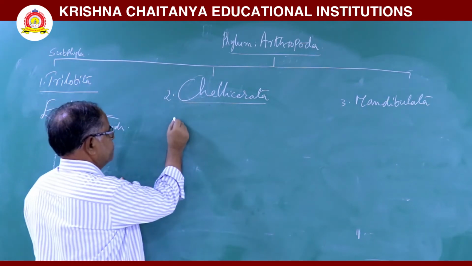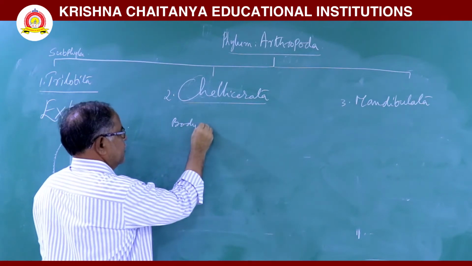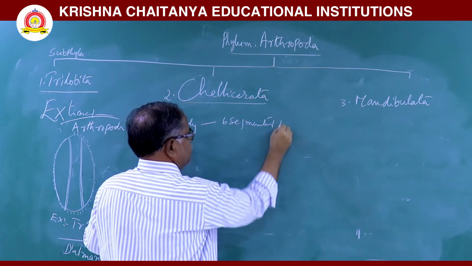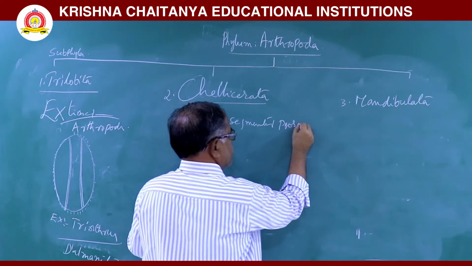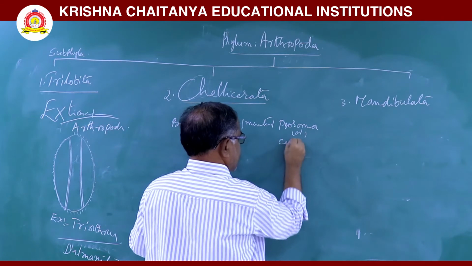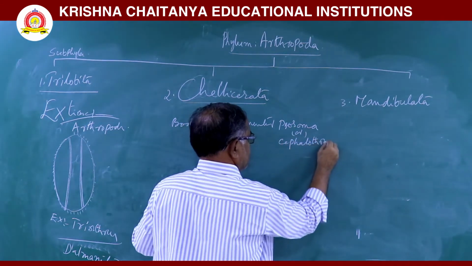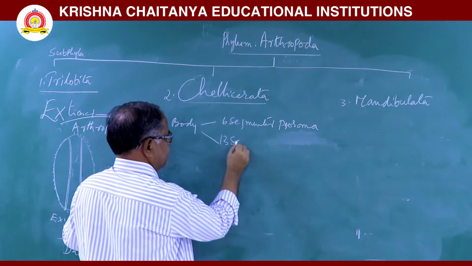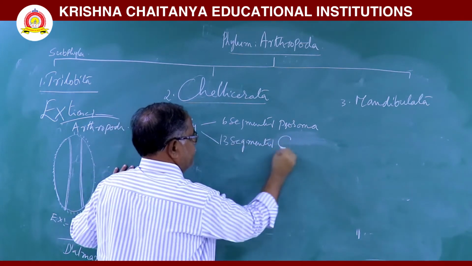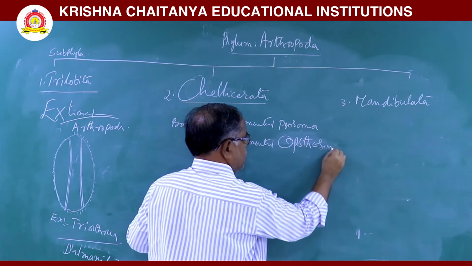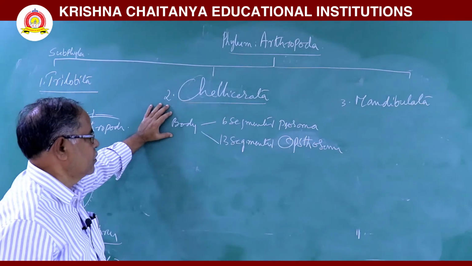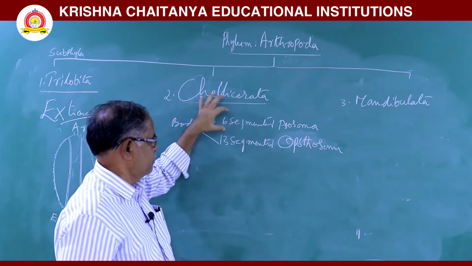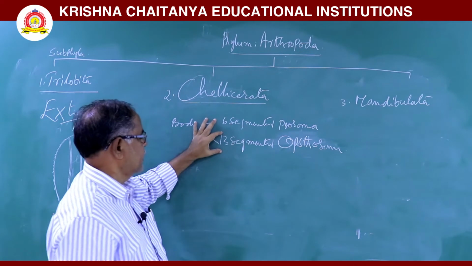The body is divided into a six segmented prosoma or cephalothorax, and a 13 segmented opisthosoma. Prosoma has six segments. Opisthosoma has 13 segments.